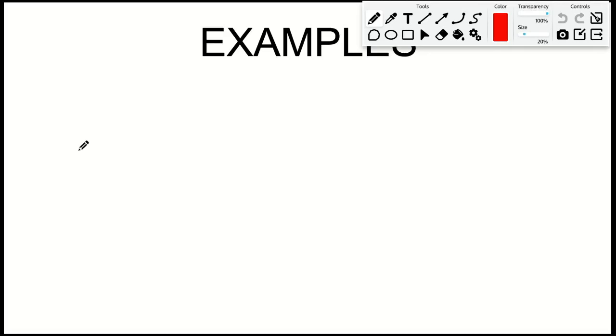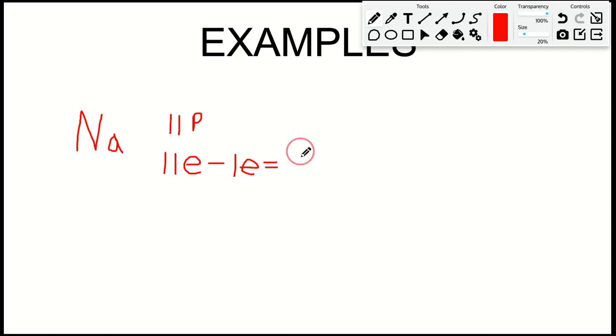So we have sodium, and sodium has 11 protons. Now, as a neutral atom, sodium would have 11 electrons. But in all actuality, sodium likes to lose 1 electron. So we're going to take 1 electron away, and we're going to have just 10 electrons.